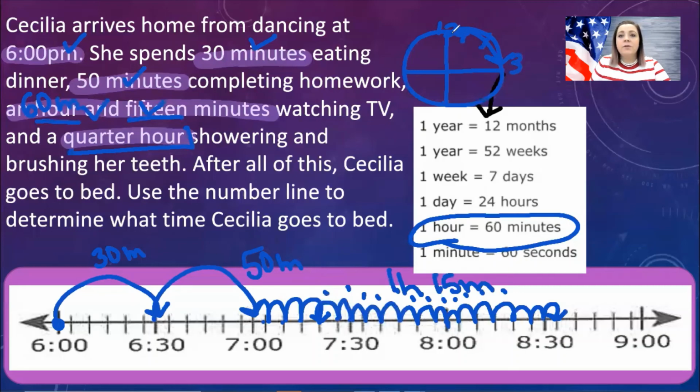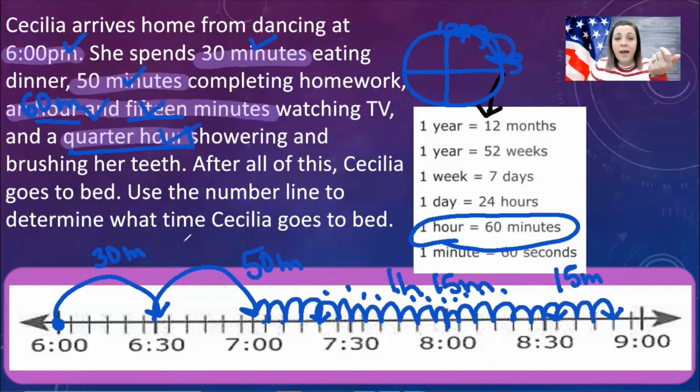And if we count 5, 10, 15, that means we have 15 minutes. So a quarter hour is 15 minutes. So we need to go another 15 minutes on our number line. So here we go, 5, 10, 15. So there's our 15 minutes, also called our quarter hour.